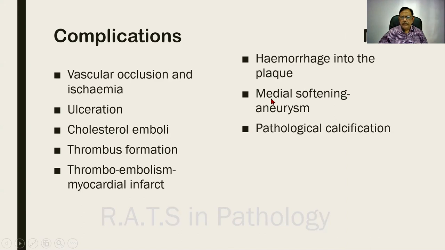And as it grows larger, you find that there is a softening of the vessel wall leading to an aneurysm. And finally, you'll get a pathological calcification. So important but quite simple for you to remember: vascular occlusion, ulceration, cholesterol emboli, thromboemboli, thrombus formation, hemorrhage, medial softening and aneurysm, and pathological calcification.